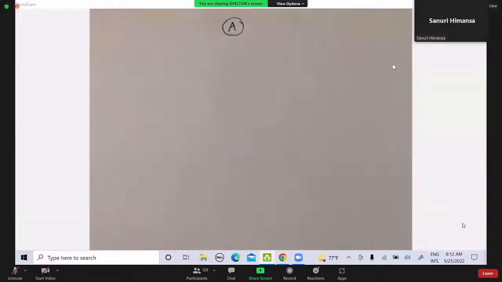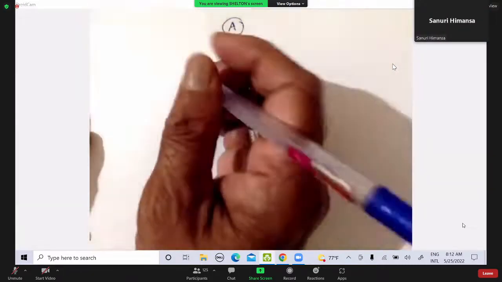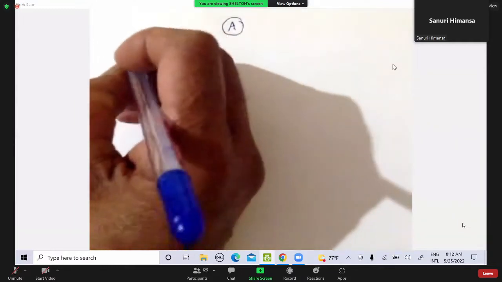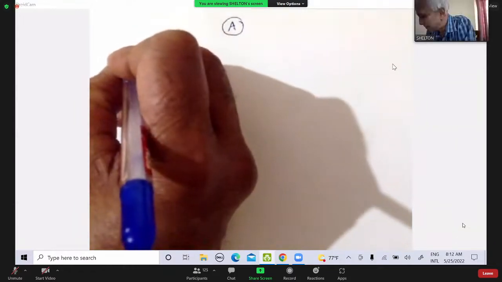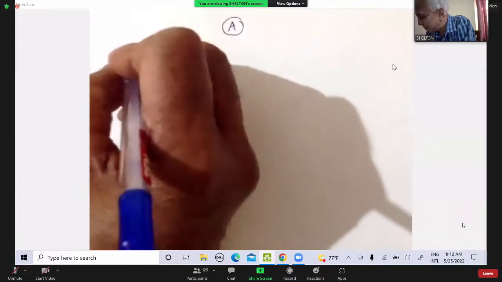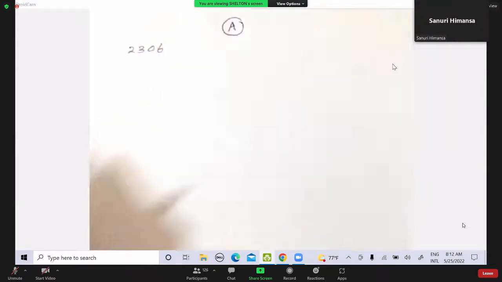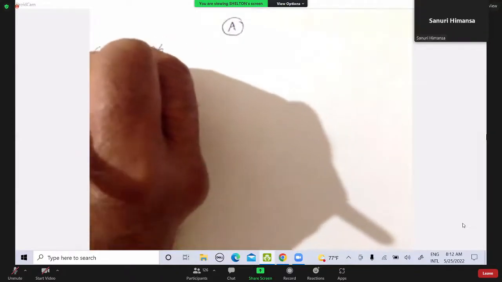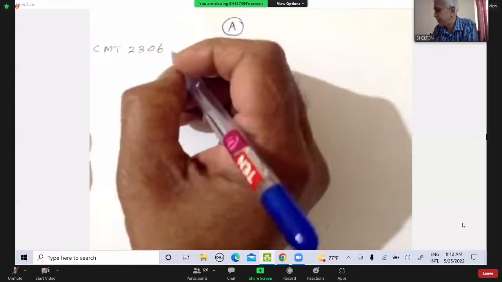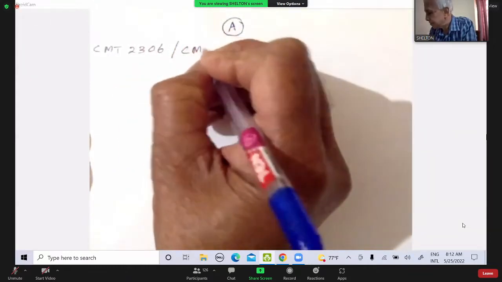This is 2306 or 2207? CMT 2306, and 2207.